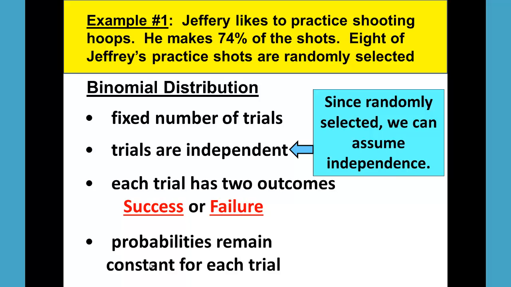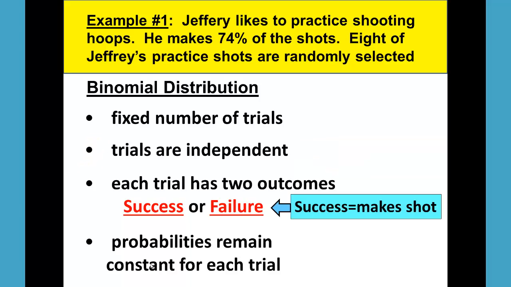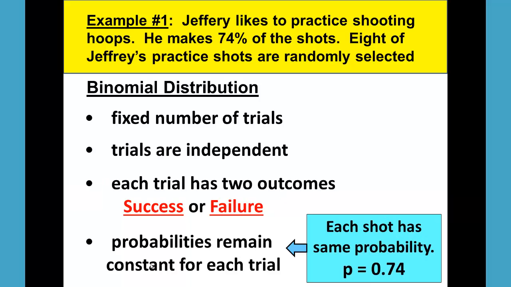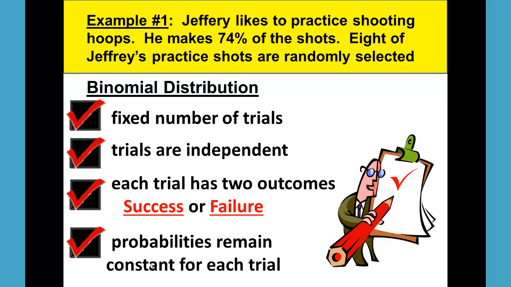So since randomly selected, we can assume independence. Success is that he makes the shot, so we have success and failure, and each shot has the same probability of 0.74. So we do have a binomial distribution since the situation meets all 4 characteristics.